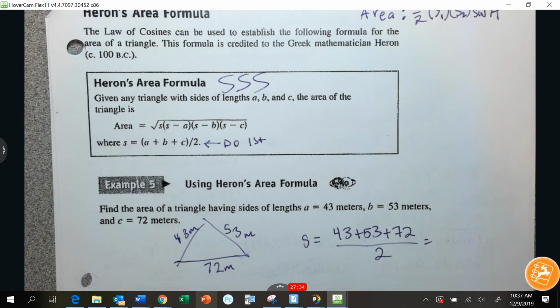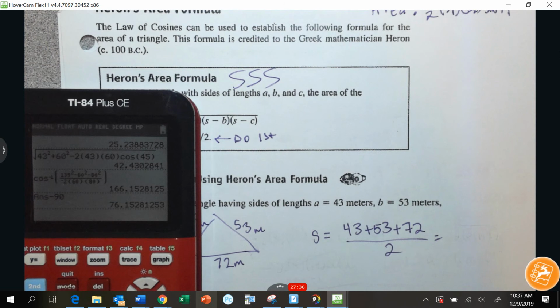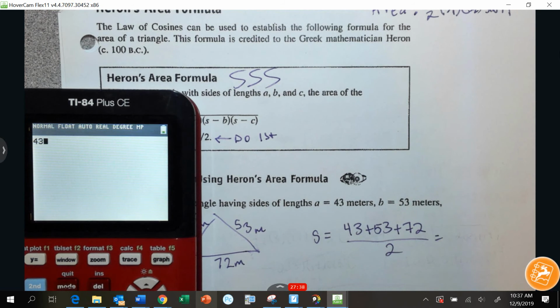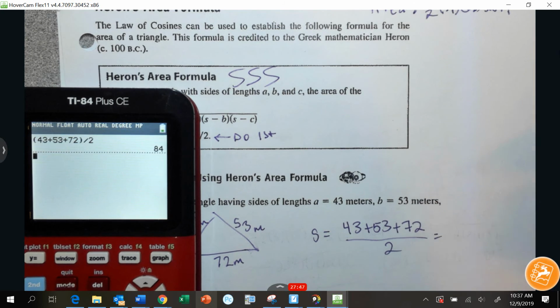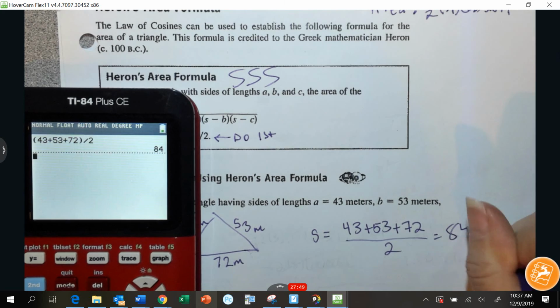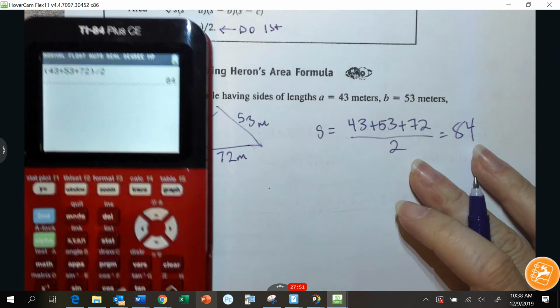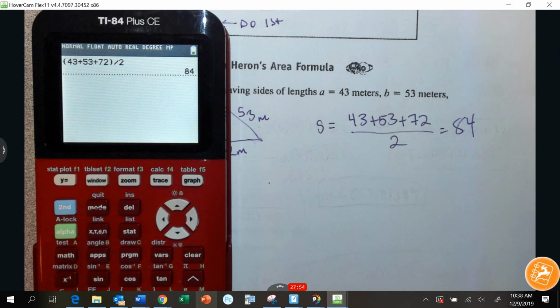Use your calculator. So that worked out to be 84.